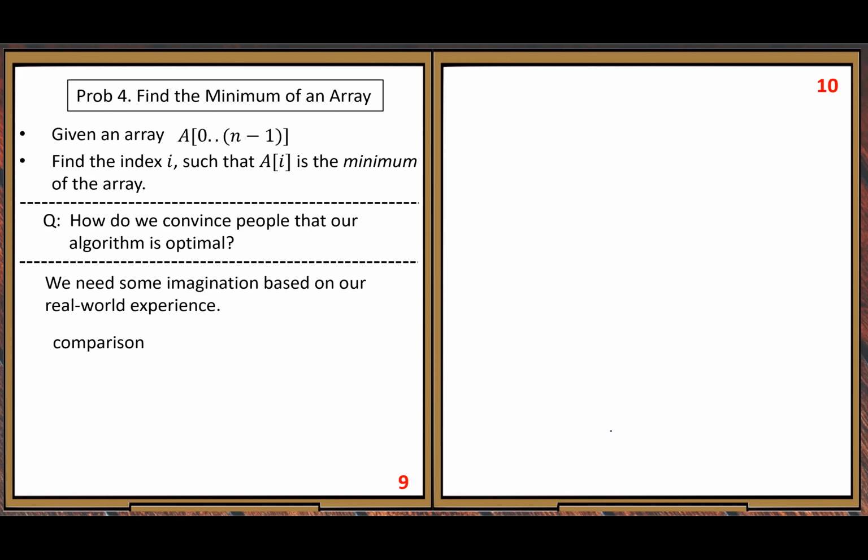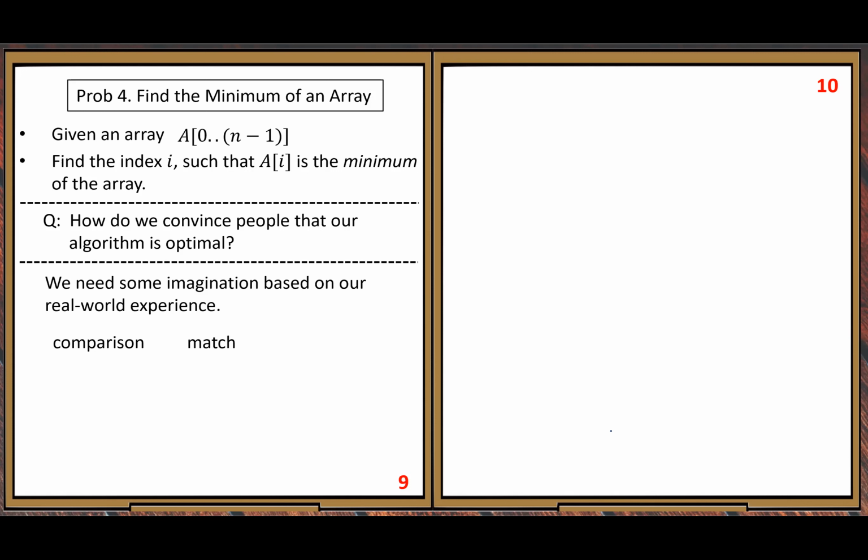Our main operation is comparison. We compare two numbers. Which one is larger, which one is smaller? That's our basic operation. But in the real world, we want some action analogous to this comparison. So what's that? A match in a sports game.